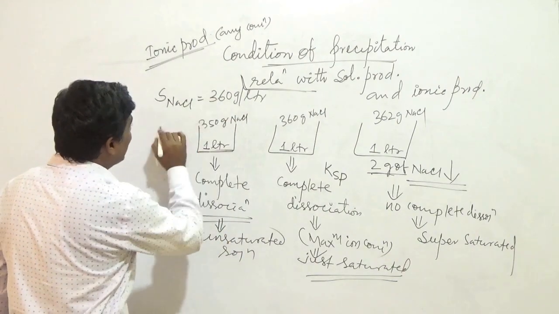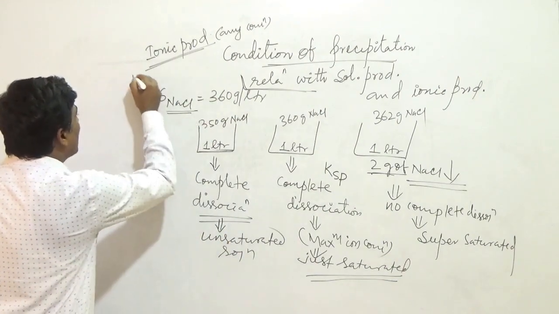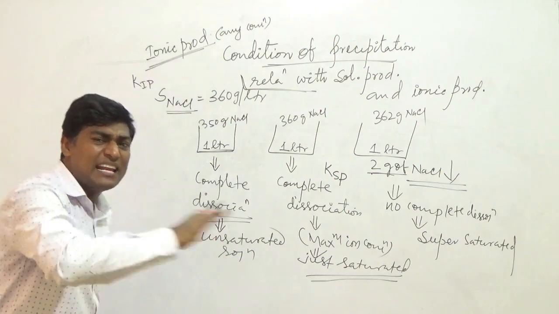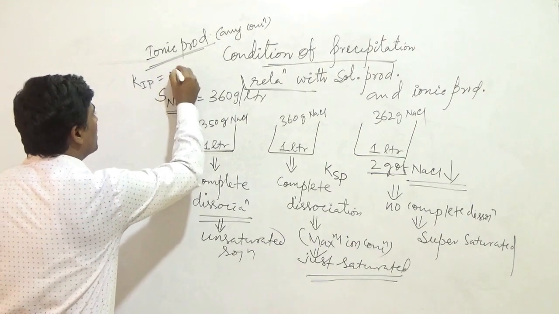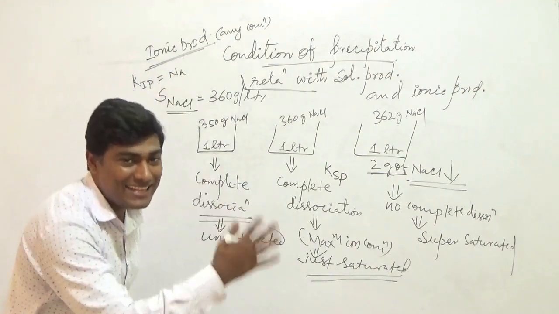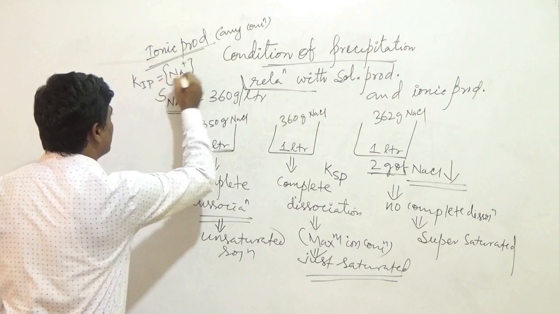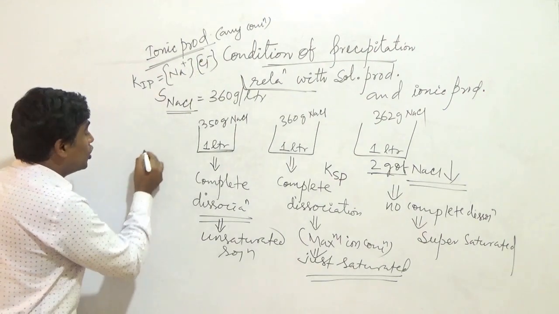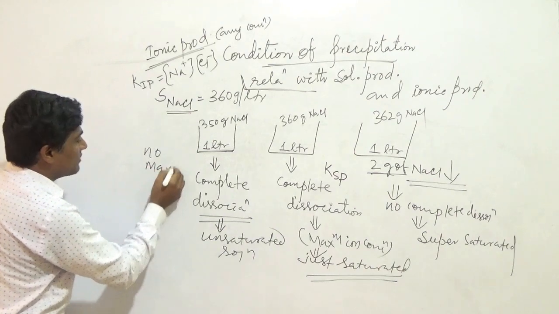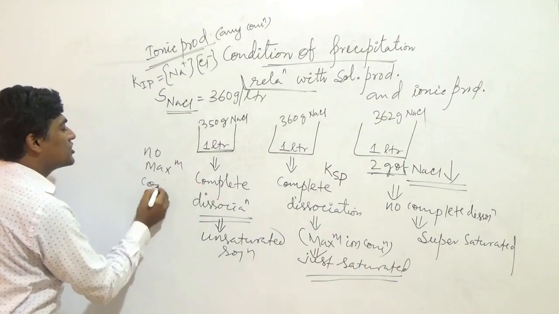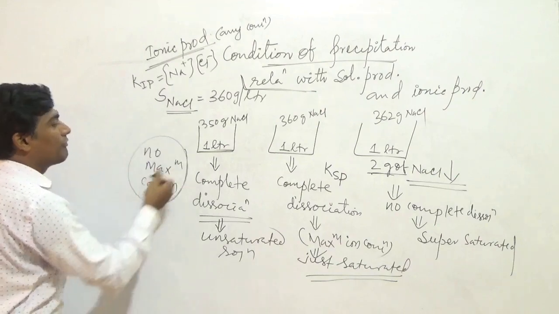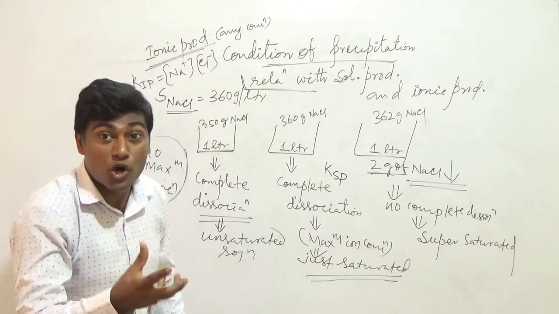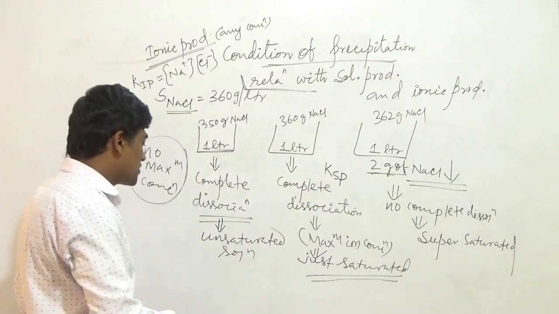If we take sodium chloride, the ionic product can be at any concentration. That is nothing but the product of ions, hence ionic product. In this solution, no maximum concentration of Na plus and Cl minus is present, but yet their product can be called the ionic product.